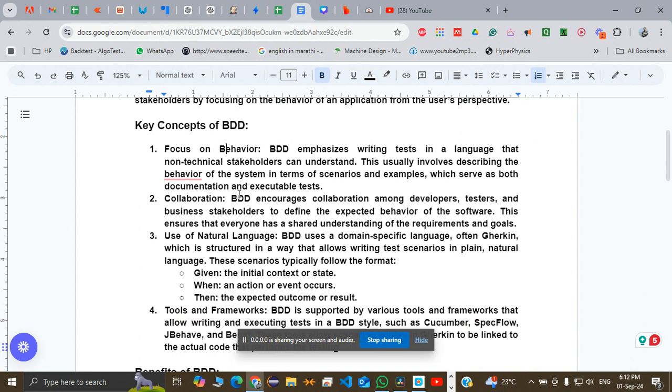Okay, collaboration. BDD encourages collaboration among the developer, tester, and the business stakeholder to define the expected behavior of the software. Initially, in the previous or traditional methodologies, there was a certain gap between developer, tester, and stakeholder in understanding the exact functionality.